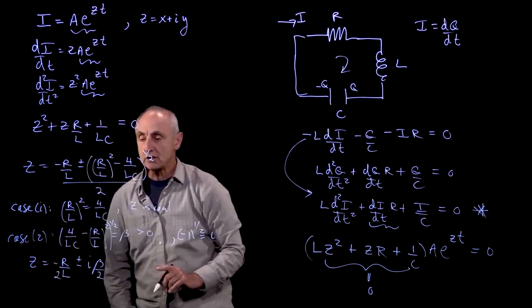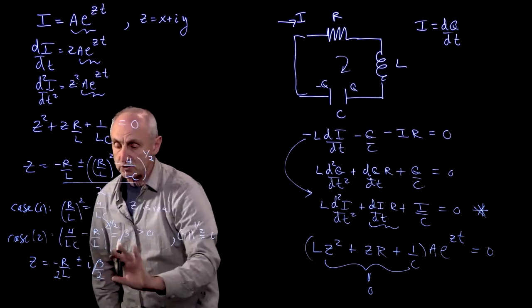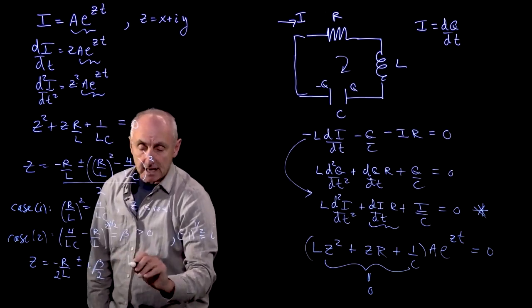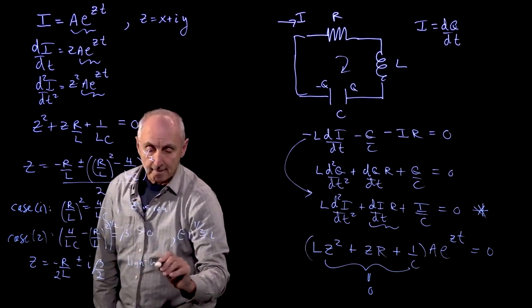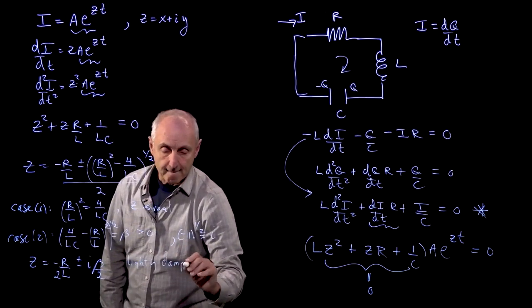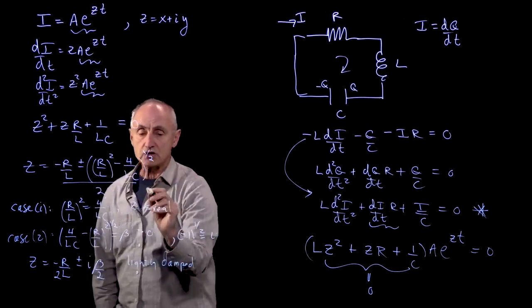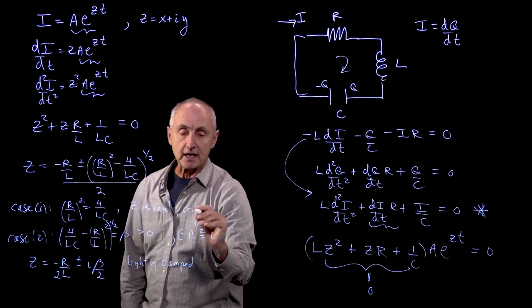Now, this solution is the one that we're going to be interested in. It's called lightly damped. This one here, where this quantity vanishes, is called critically damped.